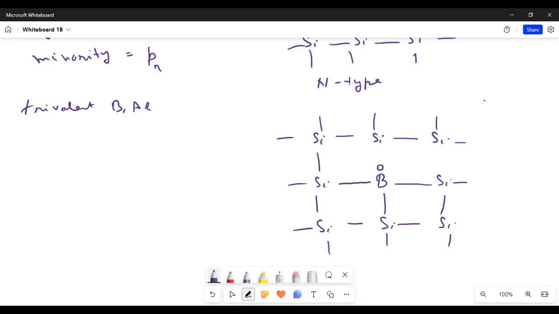There has to be 1 electron, but there is no electron. So this is basically the presence of a hole. Because 1 electron was missing, it has generated the presence of holes, and this hole actually moves around. Since it is a random process, the electron that is present here will come to this place, and this will go into this place. So it is equivalent to the movement of holes.